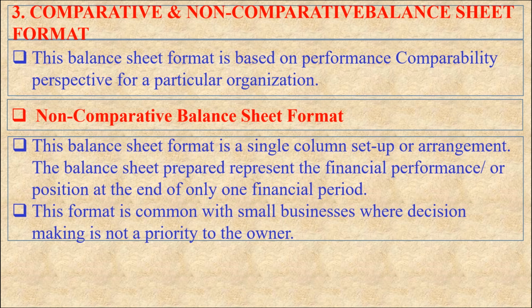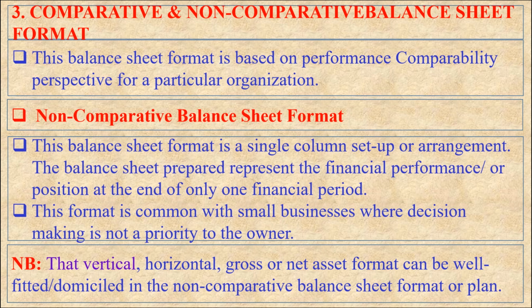So the element of comparison of performance of two periods or more than two periods in this case is absent or does not exist. Now, this format is common with the small businesses where decision making is not necessarily a priority to the owners or the management.